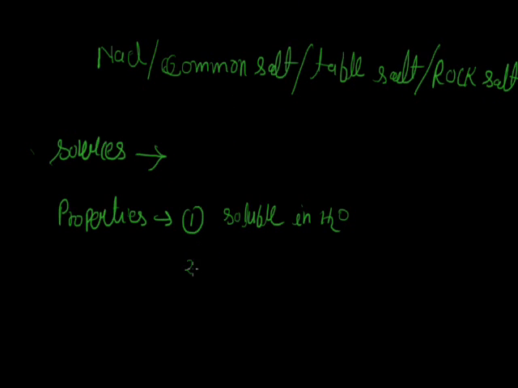Second, its aqueous solution is neutral, since NaCl reacts with H2O to give a strong acid HCl and a strong base NaOH. There is no effect on the pH in its aqueous solution, or its aqueous solution has the pH value 7.